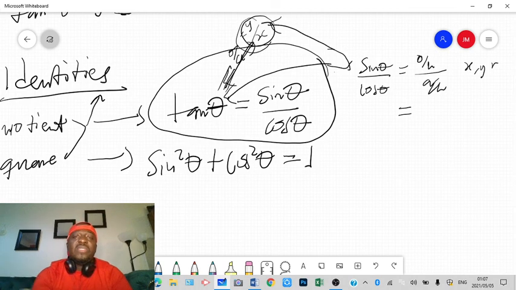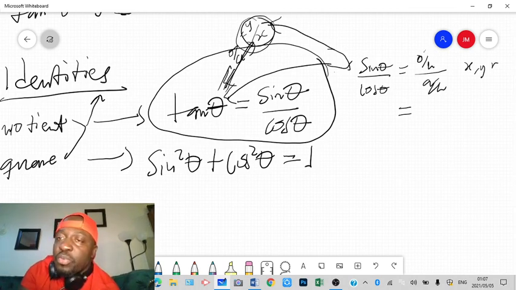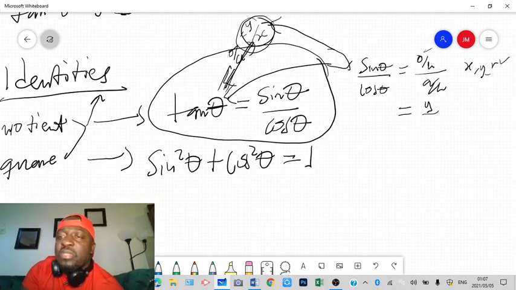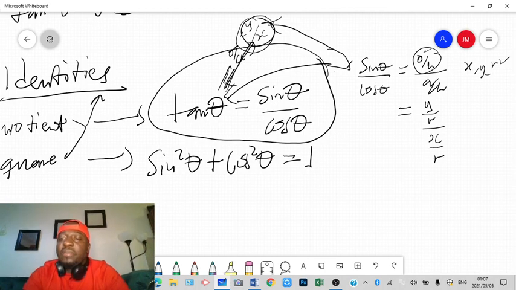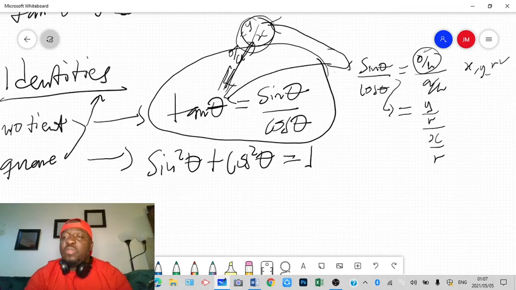Your opposite is your y, your hypotenuse is your r, so I've expressed this in terms of that. Your adjacent is your x, and your hypotenuse is your r again. That is your sine over cos.